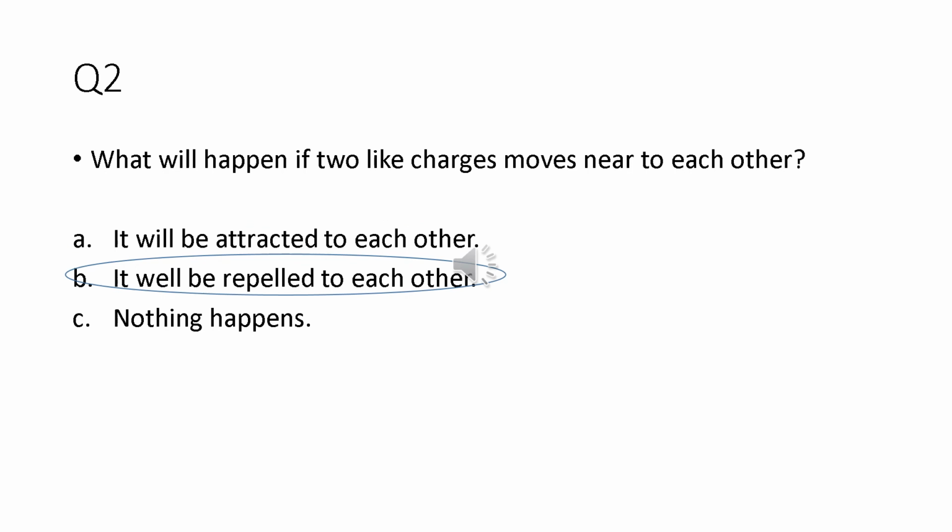So next question. What will happen if two like charges move near to each other? So the answer will be, they will be repelled by each other. Why? Because according to the law of attraction, two same charges will be repelled.